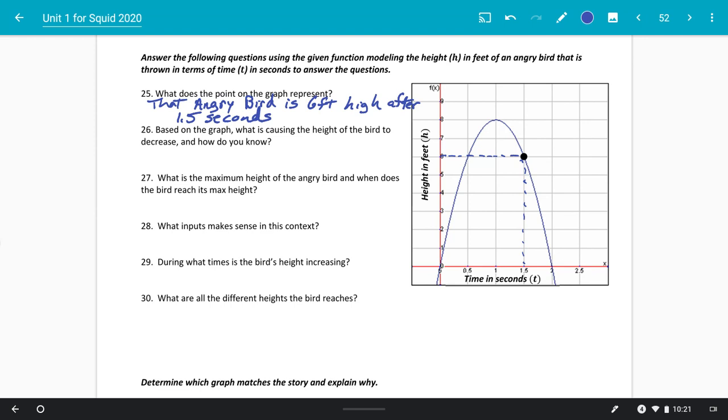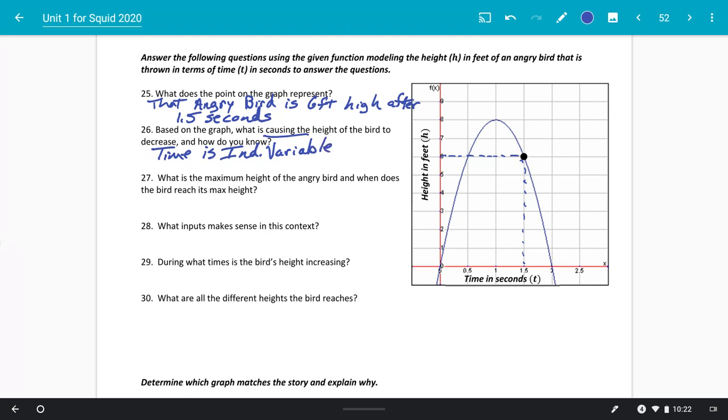Okay, number 26. Based on the graph, what is causing the height of the bird to decrease? Well, I don't know if they have a cause, but the independent variable is time. They don't give us a function.